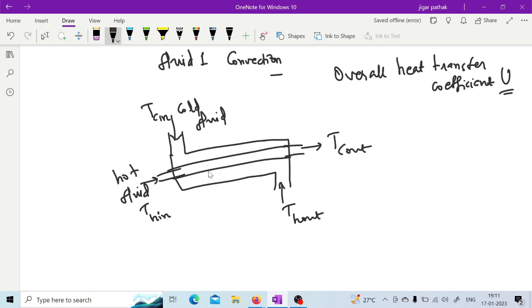So in this, the temperature difference will be different at different points in this heat exchanger. It is not the same at all points.